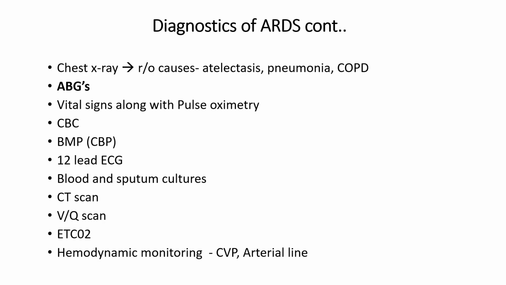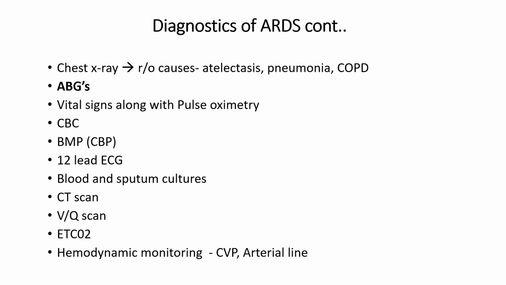Again, like I said, sepsis is the number one cause of ARDS, so the CBC is essential to obtain. The basic metabolic panel assesses the electrolytes, renal function, and acid-base balance. Metabolic changes often accompany ARDS, especially in septic or critically ill patients.